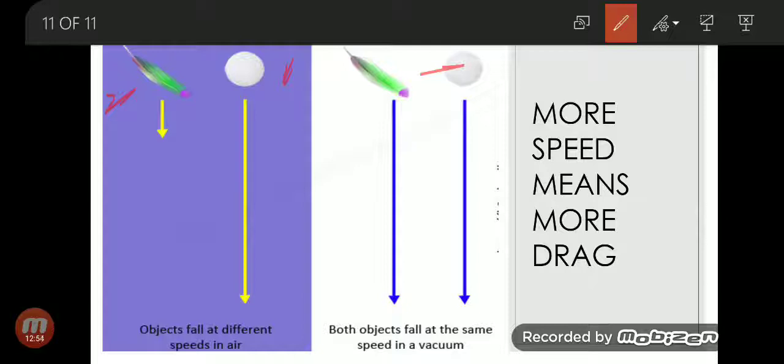Why? Because there are air molecules in between. But in this picture, this is a vacuum, there are no air molecules, so the ball will fall with the same speed as the feather, because there are no air molecules in between. So more speed means more drag.